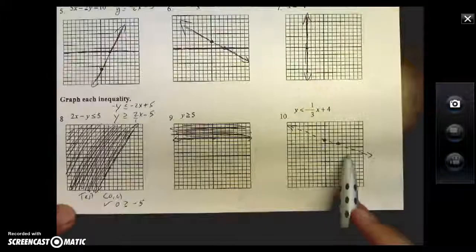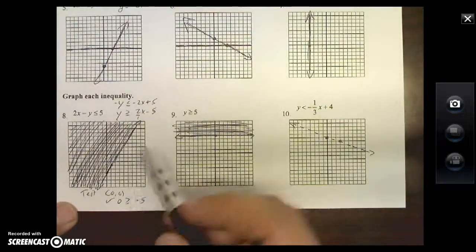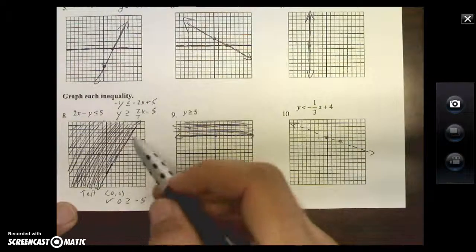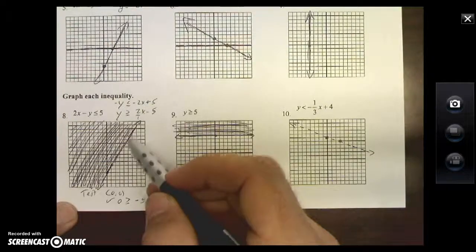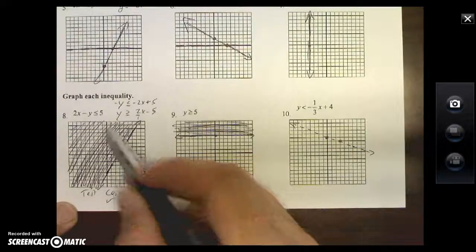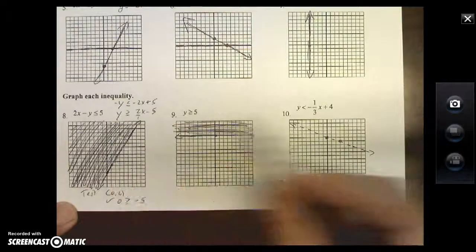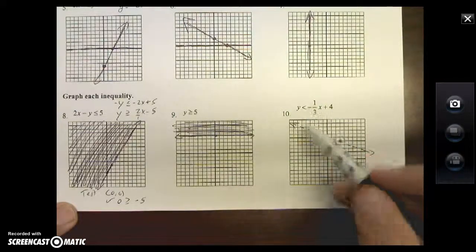What that means, just to kind of put this in context, let's go back to number 8 for a second. Greater than or equal to means any point on this line is a part of the solution, meaning 0, negative 5 is a solution to this inequality. It will work. Meanwhile, over here, if there's a point on that line, it will not work, because it's only less than, not less than or equal to.